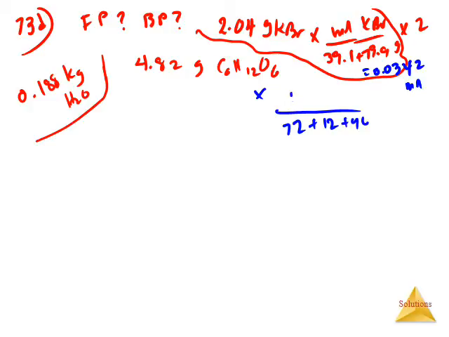That gives mole. So number of moles I'm going to get would be same as number of particles because glucose doesn't break down. So you're going to get 0.0268.